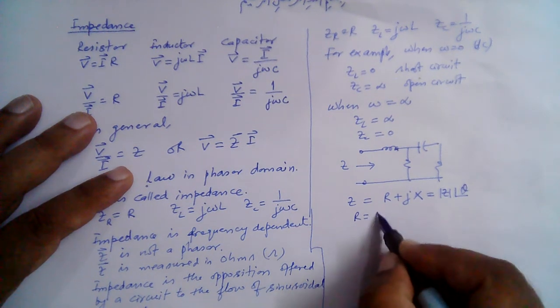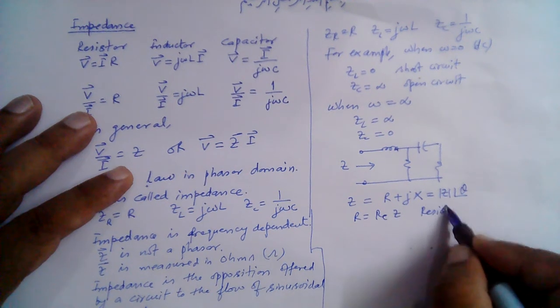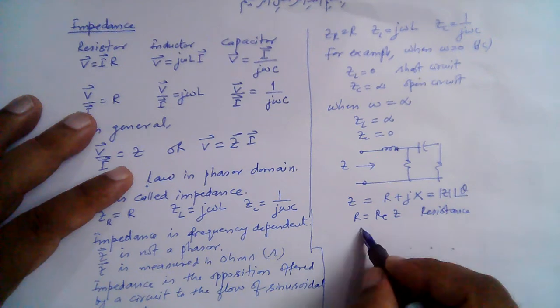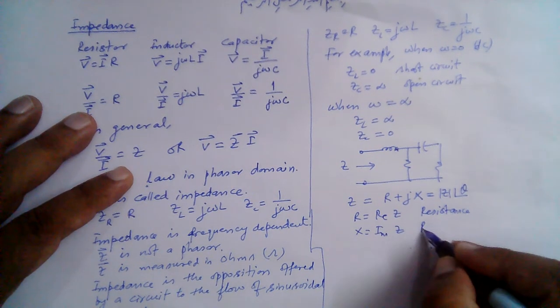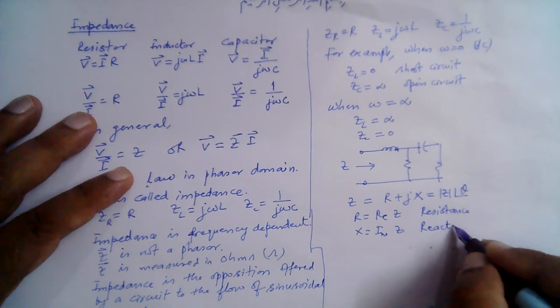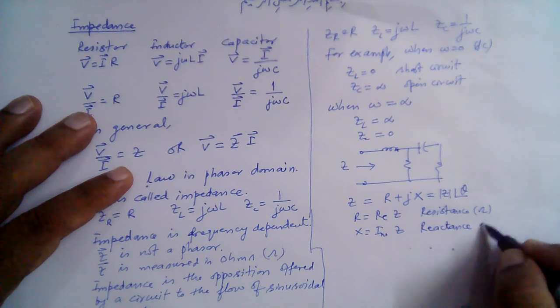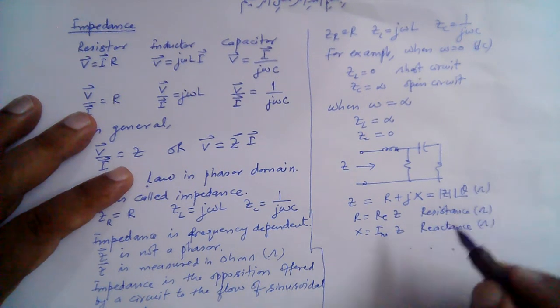R is equal to the real part of Z, and it is the resistive part. It is the resistance offered by this circuit. And this X is the imaginary part of the impedance, and this is called reactance. This is measured in ohms, and impedance itself is measured in ohms.